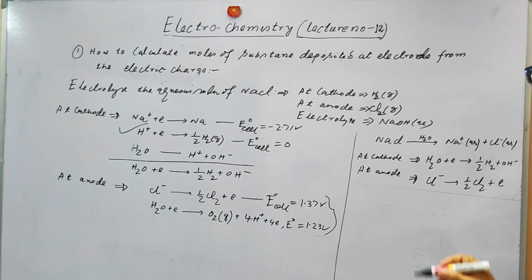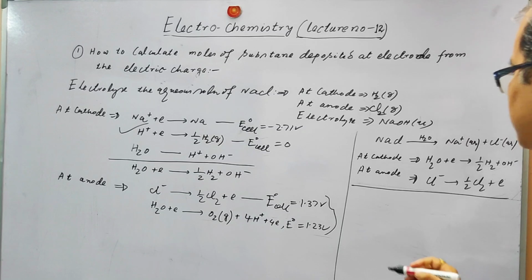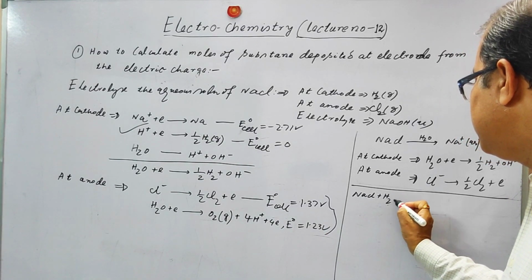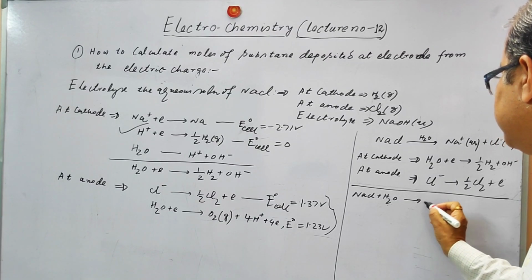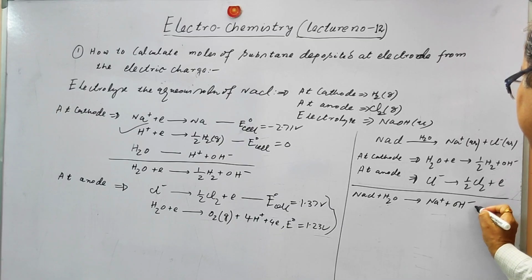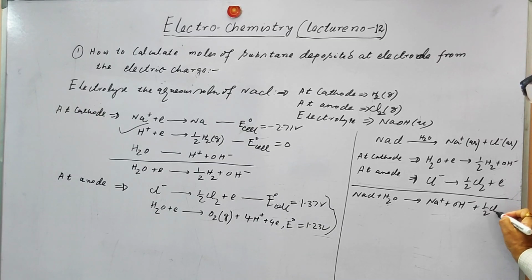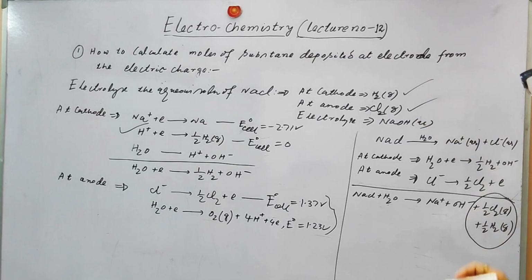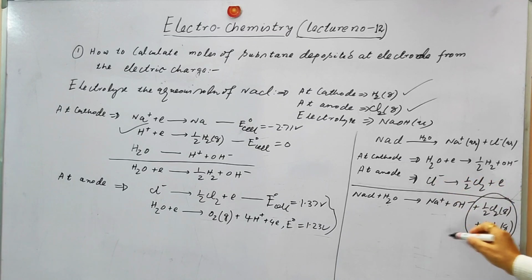So the overall reaction is NaCl plus H2O producing Na plus, OH minus, half Cl2 in gaseous form, and half H2 in gaseous form. Here you can see at the cathode there is hydrogen, at the anode chlorine, and in the electrolyte solution you will find NaOH.